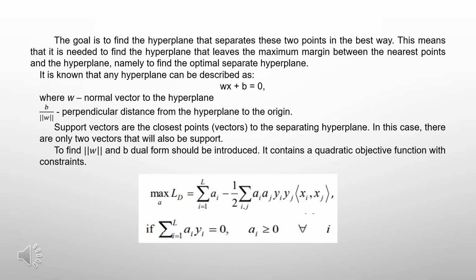To find W and b, the dual form should be introduced. It contains a quadratic objective function with constraints.